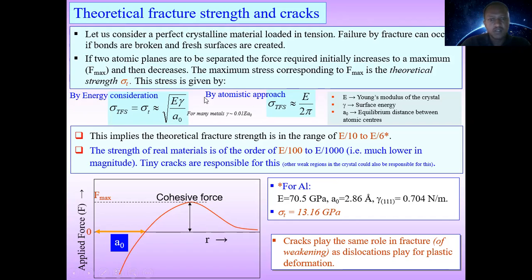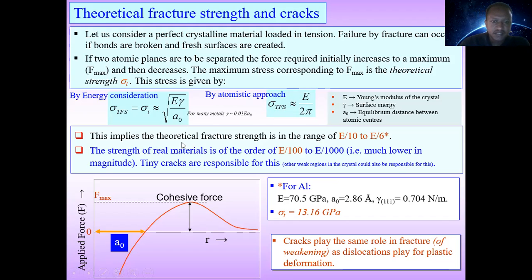Here E implies the Young's modulus of the material, gamma implies the surface energy, and a naught is the equilibrium distance between atomic centers, that means the atomic distance. By the atomic approach, we can represent the theoretical fracture strength sigma TFS as approximately E over 2 pi.